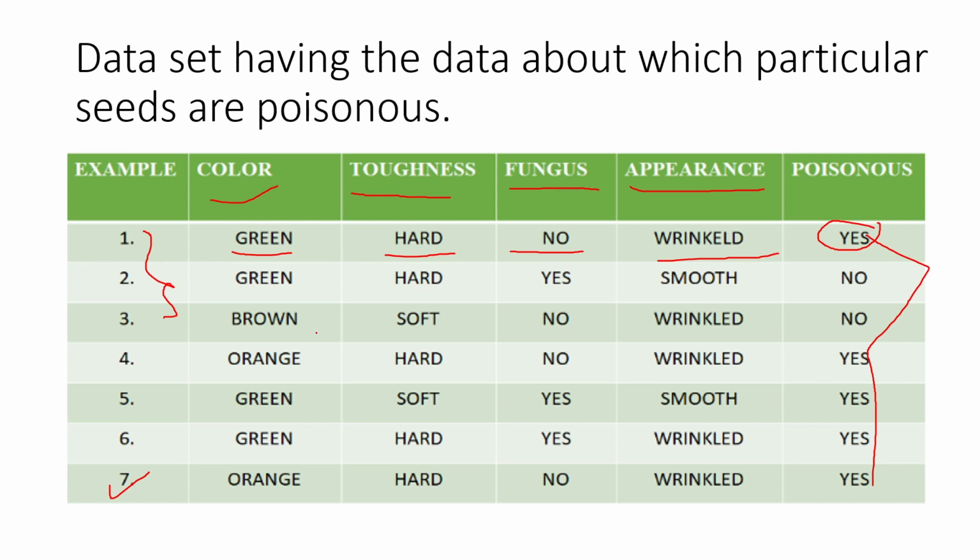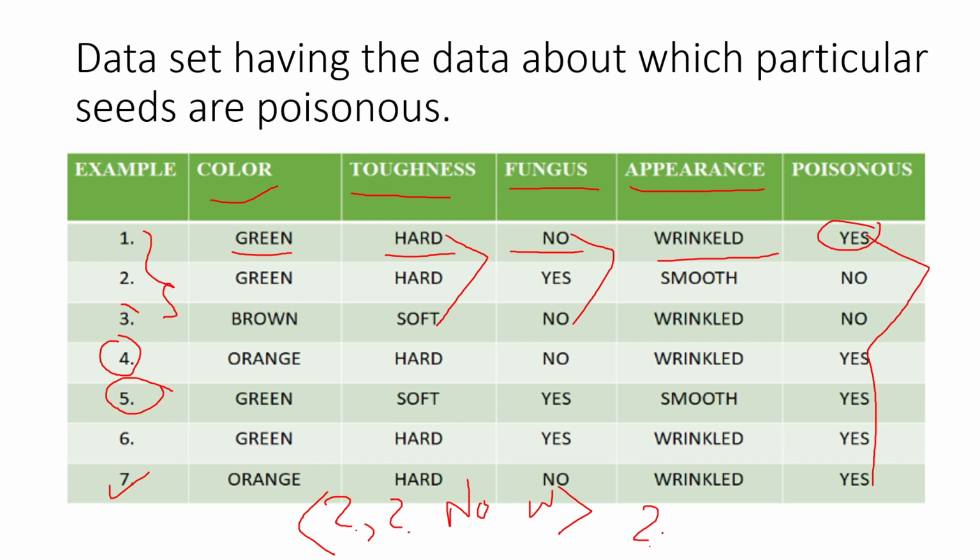The fourth is a positive example. Green is changed to orange, so replaced by a question mark. Hard changed to soft, question mark. No remains the same. Wrinkled is also the same. This is the hypothesis after the fourth example. The fifth example is a positive example. The first is already a question mark.